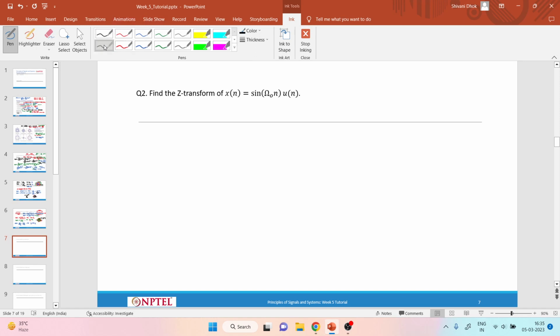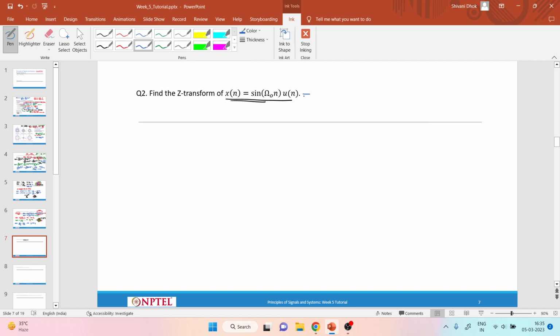Okay. So the next question that we are going to look at is, we'll try to find the Z transform of this signal, where this x of n is equal to sine of omega naught n u[n]. In the week lectures, the Z transform of cos omega naught n u of n was found. So let us try to find out this part.